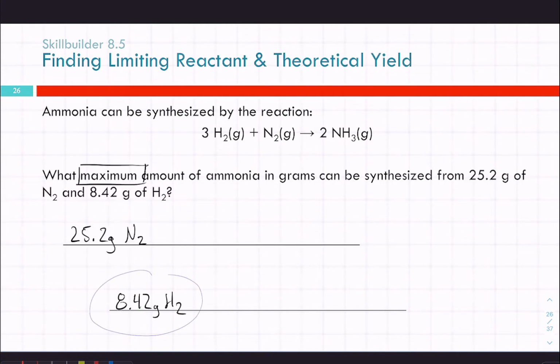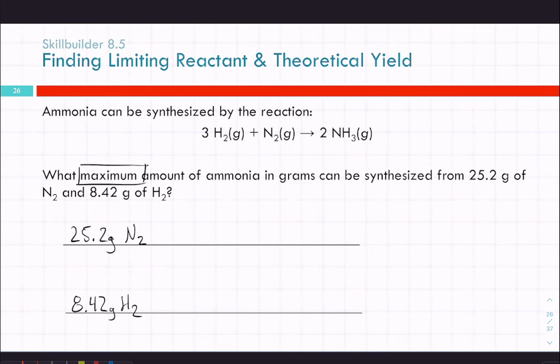Another thing to note on this problem is that it is asking for the maximum amount of ammonia in grams. So we can start this problem out by going just to moles, figure out the limiting reagent, and then finish the problem. Because if we go to moles, that'll tell us the limiting reagent, and then it's just a matter of converting that into grams. So you can save yourself a little bit of work by not converting both of them. All right, so what is the molar mass of nitrogen?